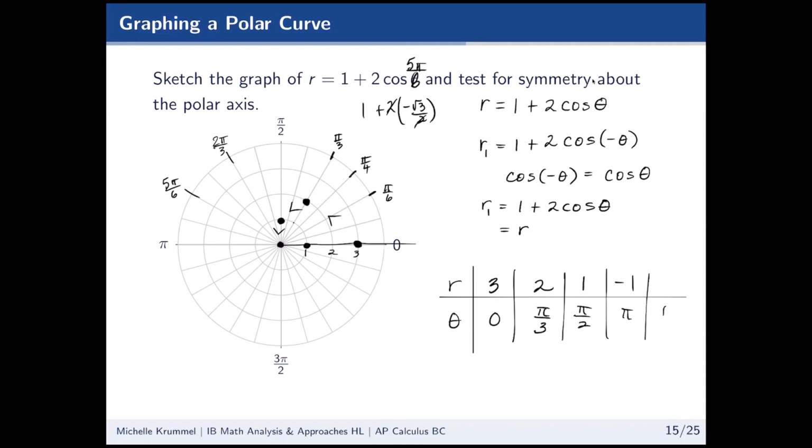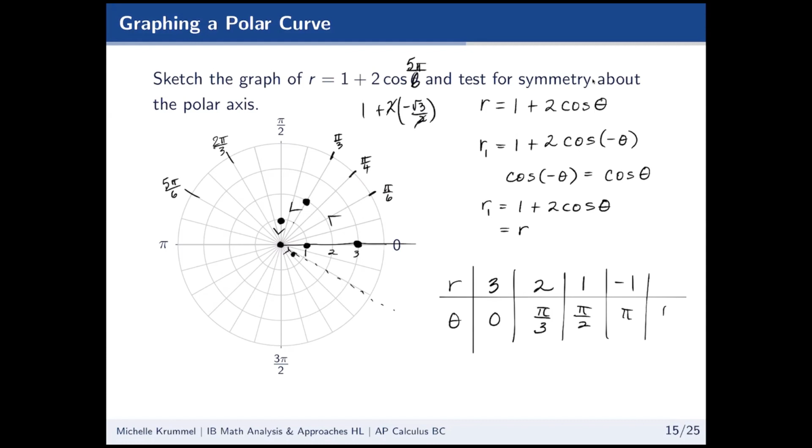So if I had 1 minus 2, I'd be at -1. I'm not quite at -1, a little less. It's more like -0.7. So at 5 pi over 6, we're going backwards. Along this angle here, not quite reaching the 1, about right here.